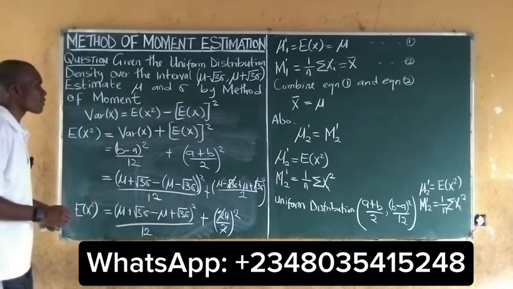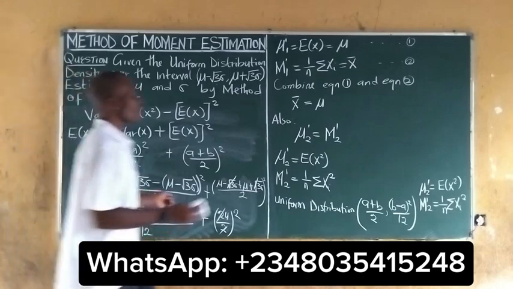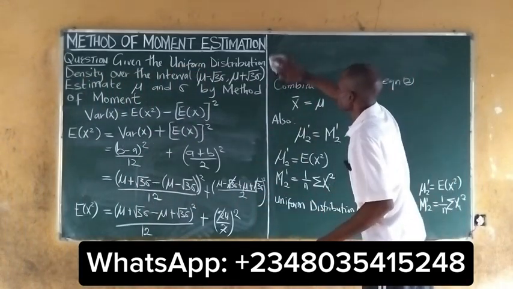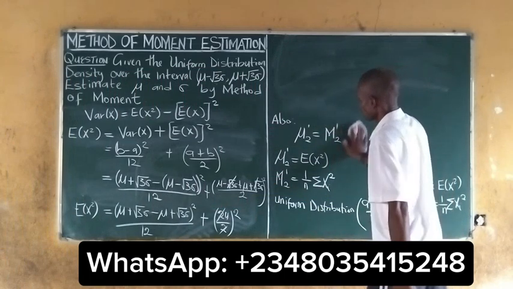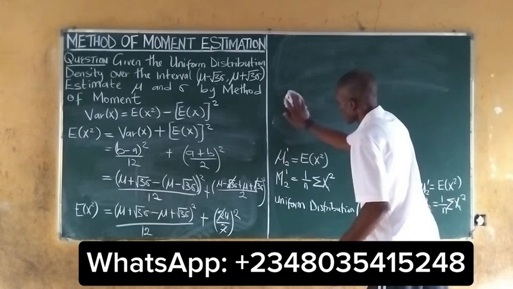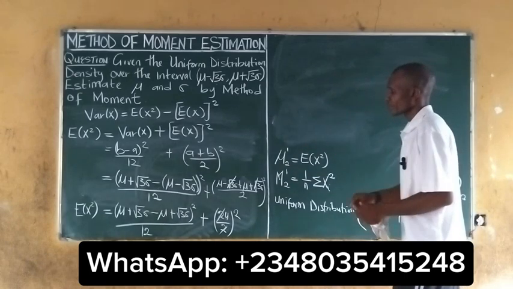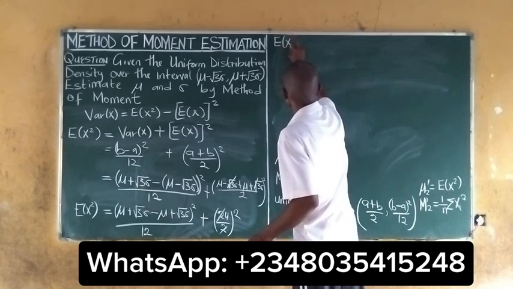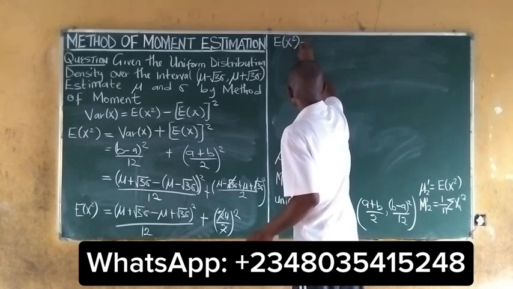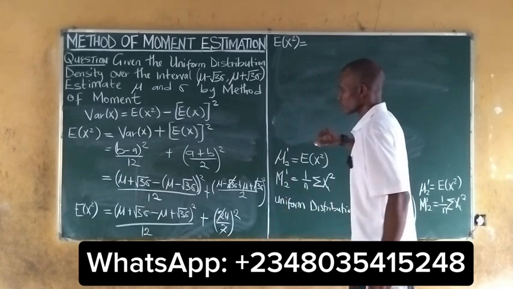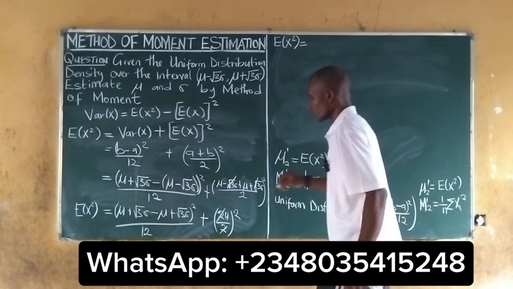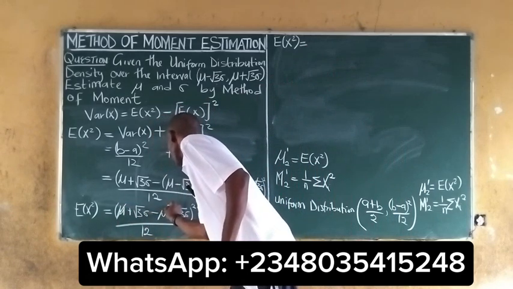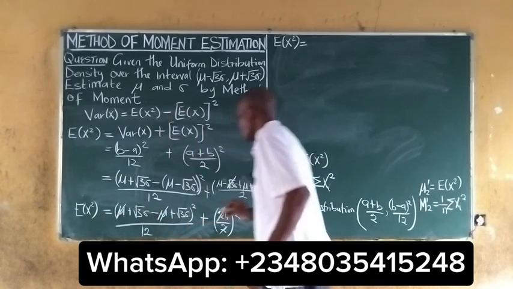This is still our expected value of x squared. This is what we are looking for. Now, our expected value of x squared is equal to, mu will cancel mu, we will now be left with this plus this.